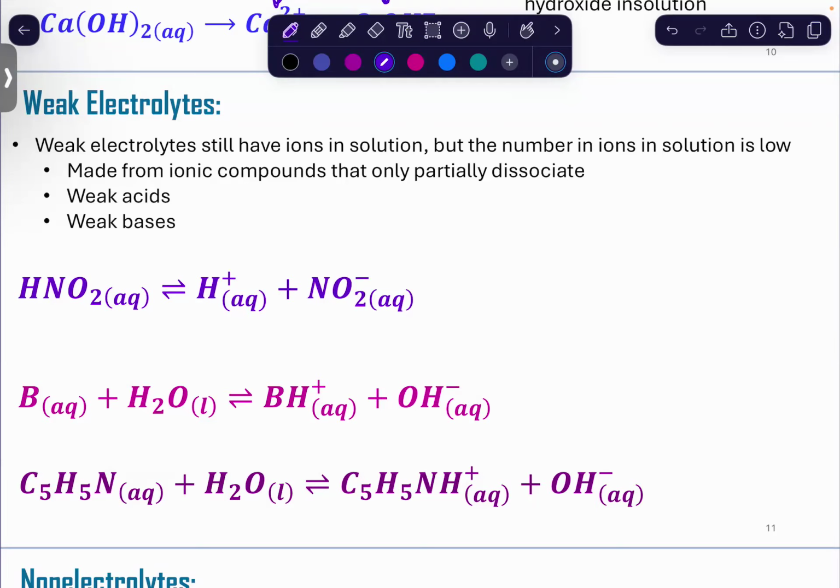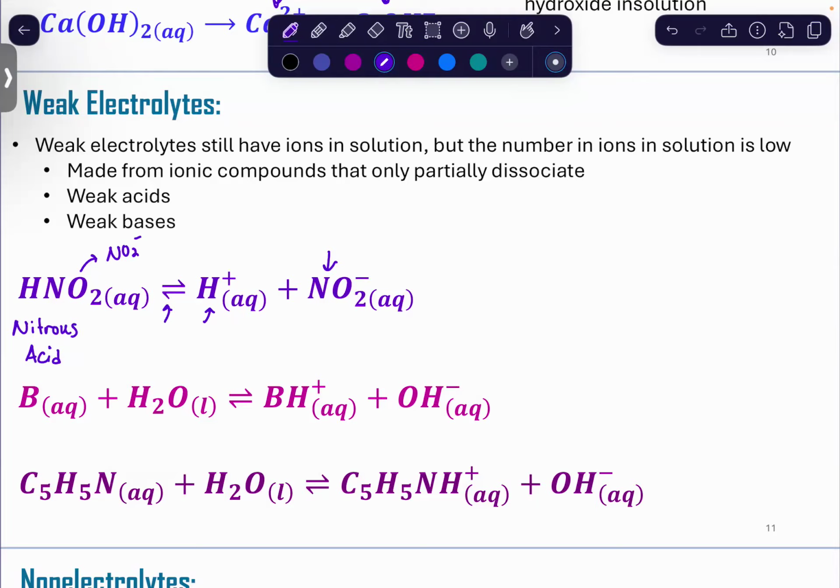So here, HNO2, I hope you're able to name this: nitrous acid, because you have the nitrite ion. But you notice that it is going to dissociate into proton and nitrite ions. However, notice the double arrow. It's no longer just a single arrow. This double arrow in chemistry is an equilibrium.